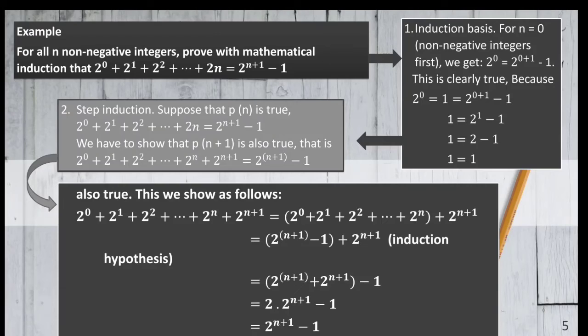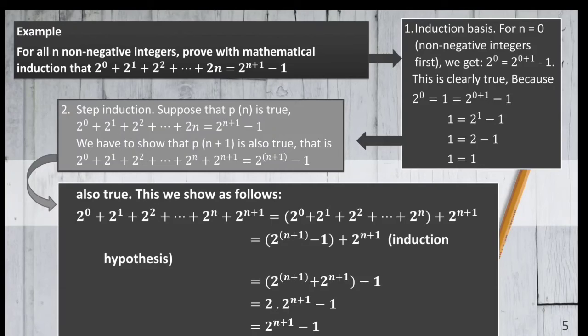This is visualized as follows: 2 to the 0 plus 2 to the 1 plus 2 to the 2 plus ... plus 2 to the n plus 2 to the n plus 1 equals, in brackets, 2 to the 0 plus 2 to the 1 plus 2 to the 2 plus ... plus 2 to the n, plus 2 to the n plus 1.